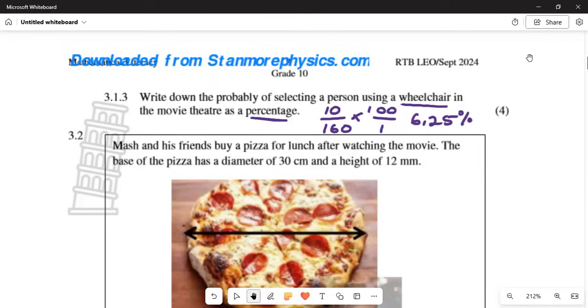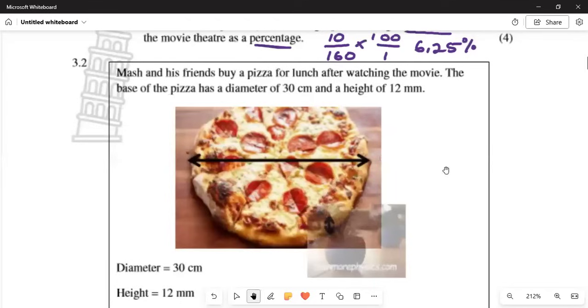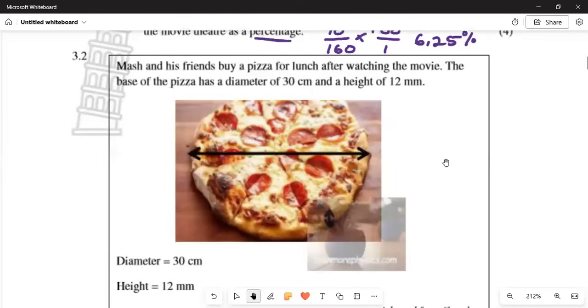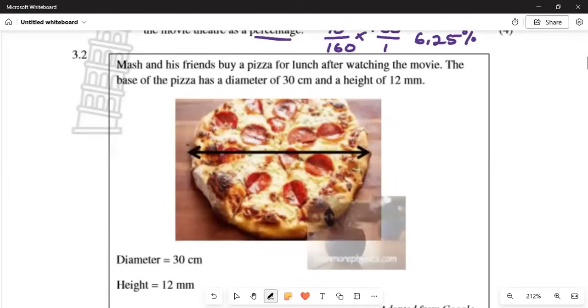Then I want us to move on to the other interpretation. They say now, Nash and his friends buy pizza for lunch after watching the movie. The base of the pizza has a diameter of 30 centimeter and a height of 12 millimeter. So the diameter is from one point to the other, which is 30. And then the height of the base is 12 millimeter.